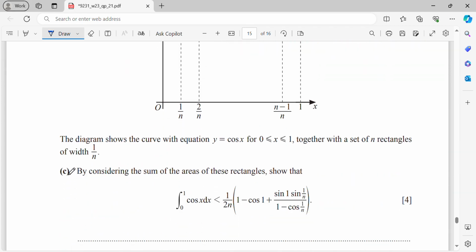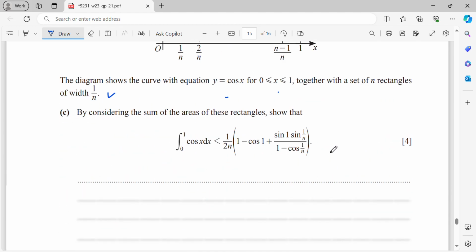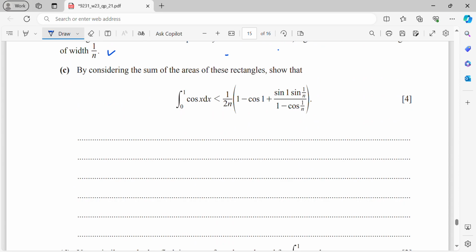Okay, now for the C, the diagram shows a curve with y equals to cos x, x from 0 to 1, with the set of n rectangles with width of 1 over n. Consider the sum of the areas of these rectangles. Show this result. Okay, so from here, I will write sum of rectangles.